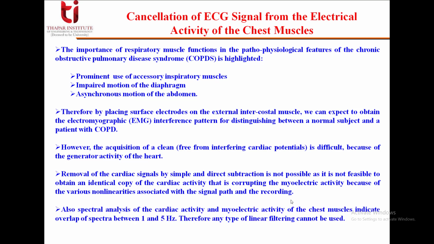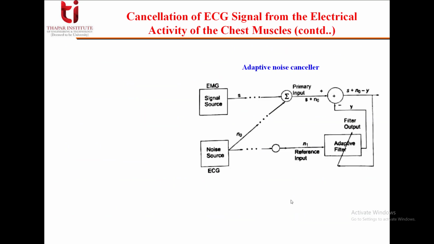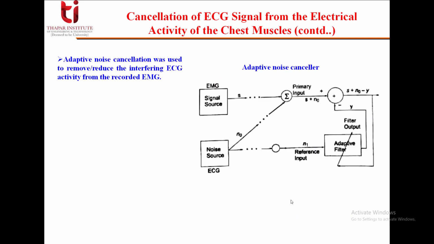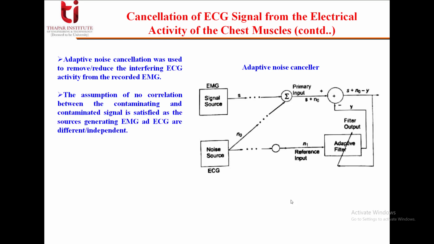Also, the spectral analysis of the cardiac activity and myoelectric activity of the chest muscles indicates overlap of spectra between 1 and 5 Hz. Therefore, any type of linear filtering cannot be used. So in this, you can see we are again using an adaptive noise canceller. This is used to remove the interfering ECG activity from the recorded EMG.